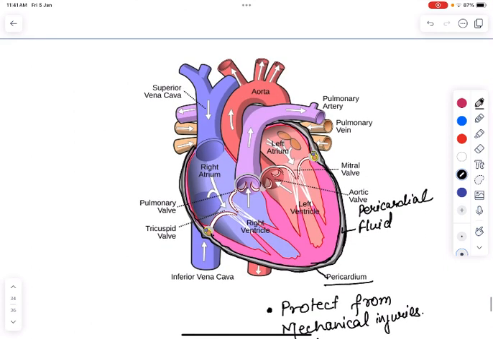See in this diagram, we have divided this heart into 4 chambers, and this is the right atrium and this is the left atrium. This is the right ventricle and this is the left ventricle. The upper 2 chambers are called the atria or atrium, and the 2 lower are called ventricles.